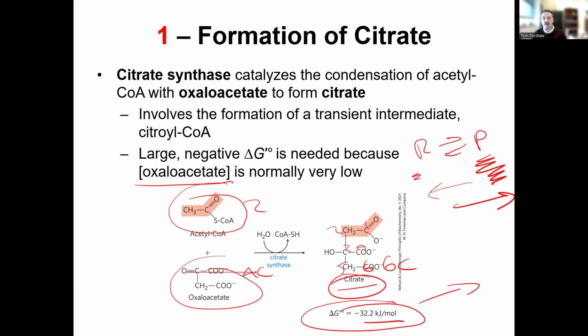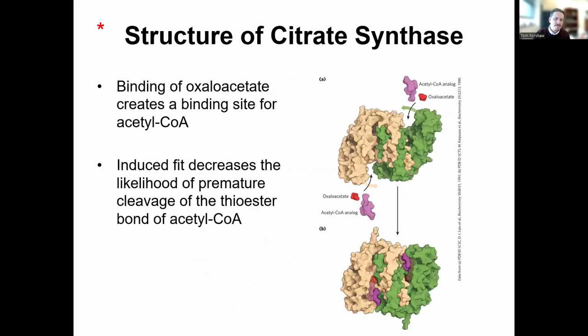And so this is really important. I'm going to go through the mechanism of what happens here with the intermediate citryl-CoA, coenzyme A. I'm going to condense the steps and summarize them, but I would like you guys to know them, and these steps are something that will be tested on in an exam. So first, it's important to know, I've talked about before the induced fit model versus the lock and key.